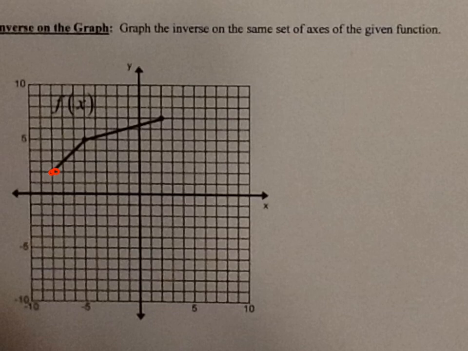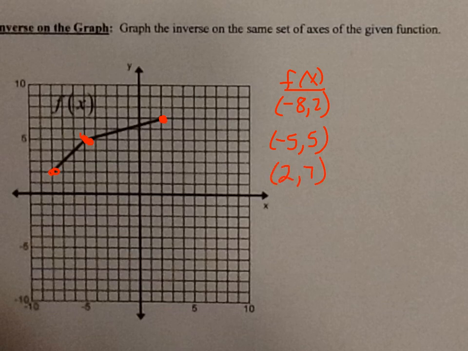So that point there, and I'm going to write this is f of x. And that point is negative 8, 2. Find that middle point right here. That middle point is negative 5, 5. And find this point right here on the right side, and that's 2, 7.